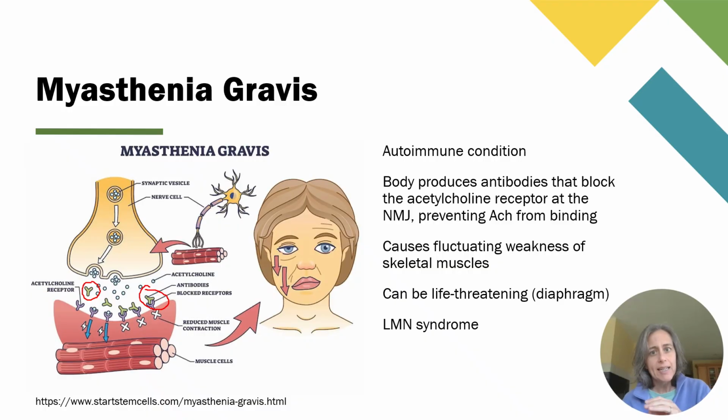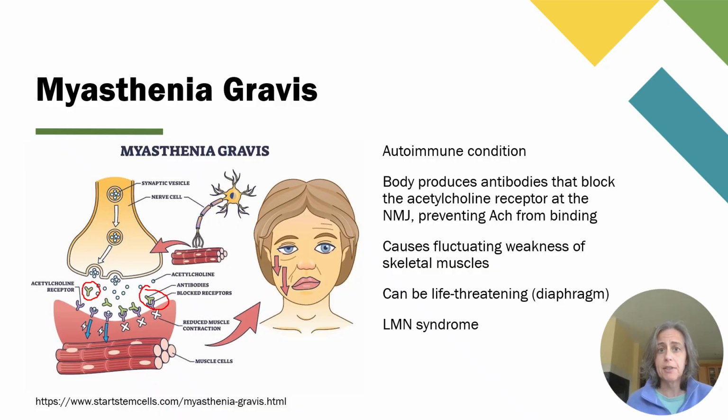However, as I said, it can fluctuate and things can flare up. If one of the muscles it impacts is your diaphragm, it can cause a life-threatening crisis. Weakness of the muscles of respiration, primarily your diaphragm, can be very dangerous.